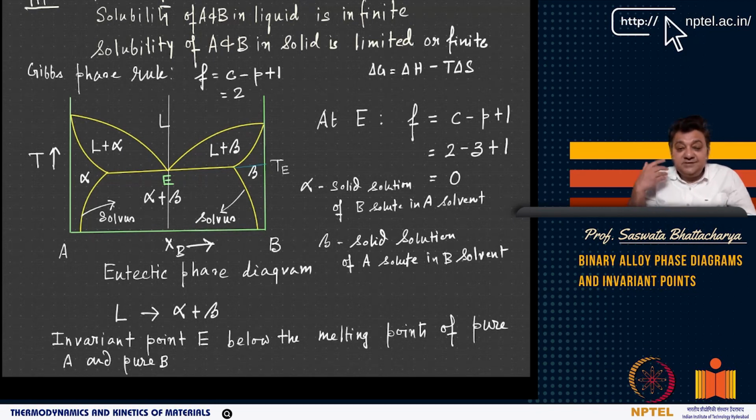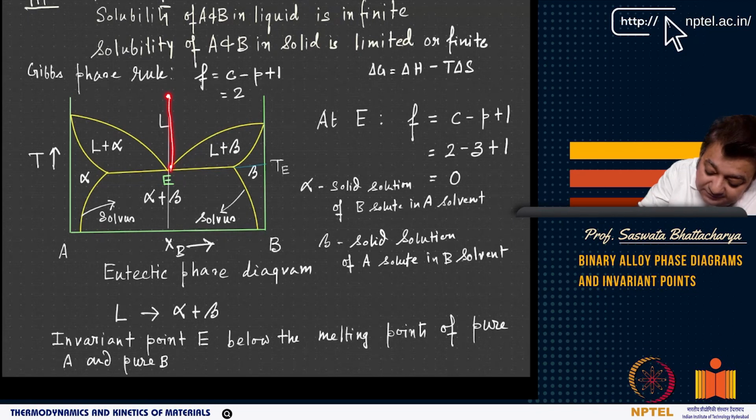The liquid of this composition, as shown by this red dot, will freeze at a much lower temperature than either pure A or pure B, and it will form a eutectic mixture of phases alpha and beta.